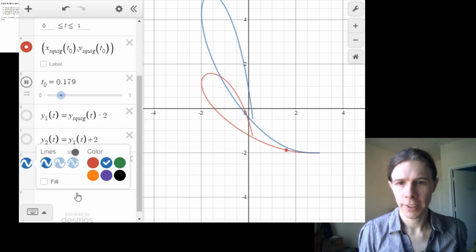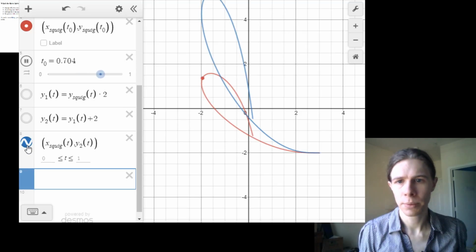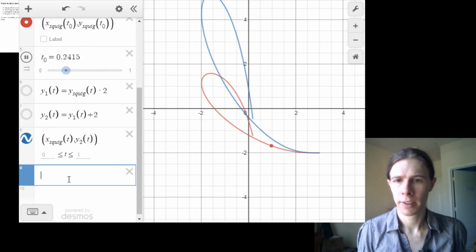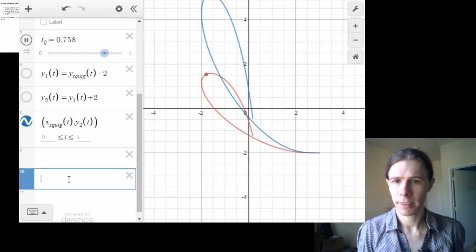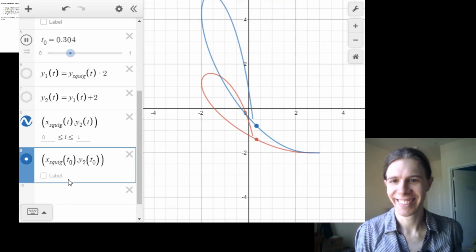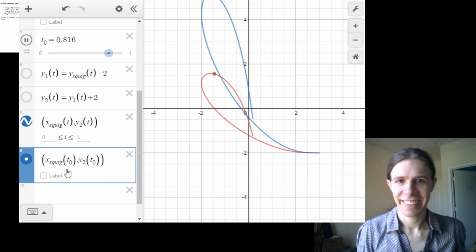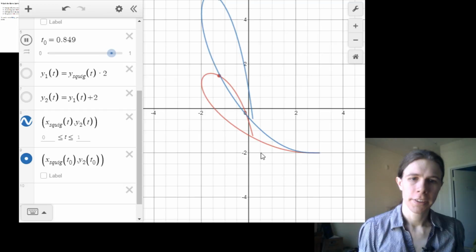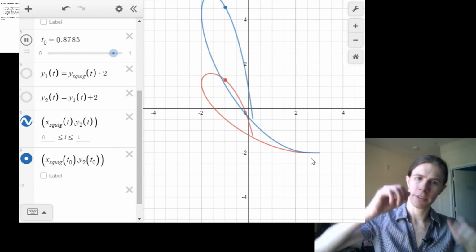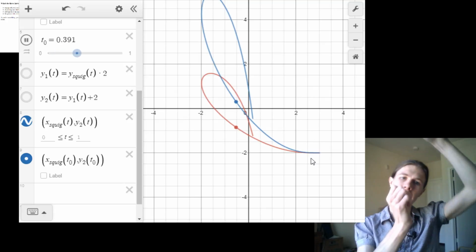That is a squiggly thing. I'll make it blue. And let me copy paste that so you can see a particular point. Right, and yep, here you go. So that is what happens when you first stretch it and then shift it up.